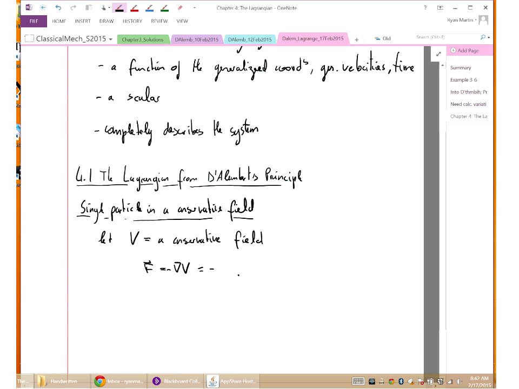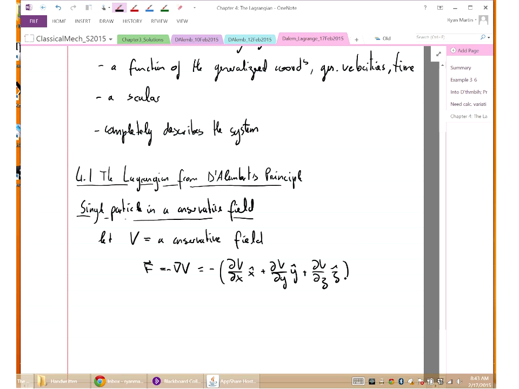And so that's equal to, in vector form, minus ∂V/∂x x-hat plus ∂V/∂y y-hat plus ∂V/∂z z-hat.